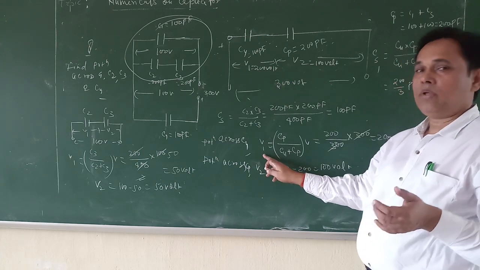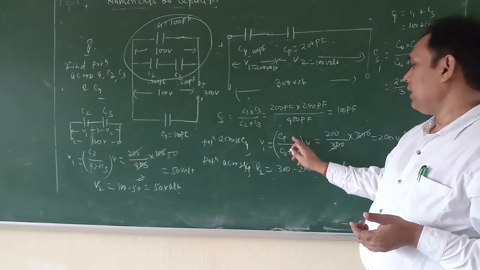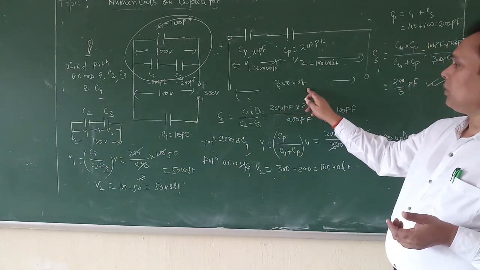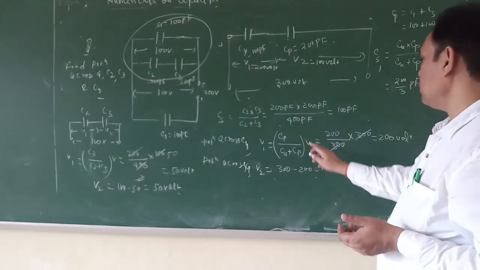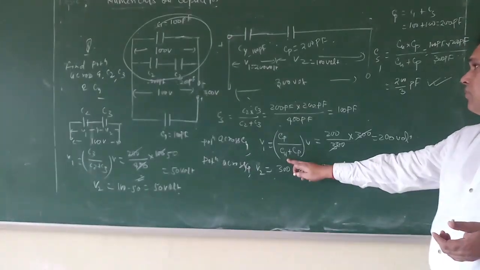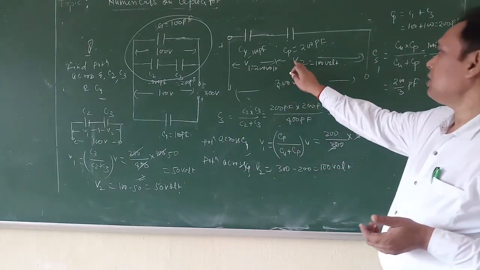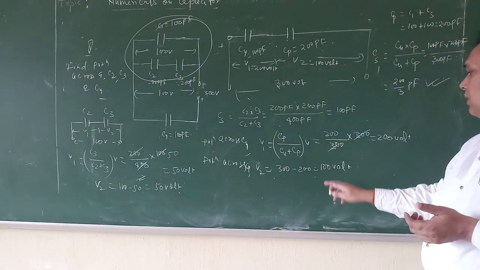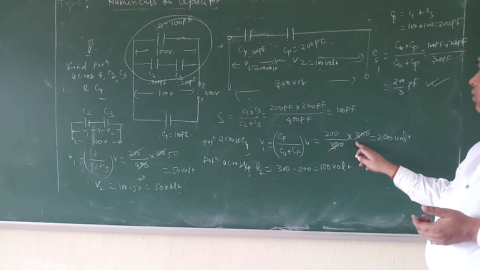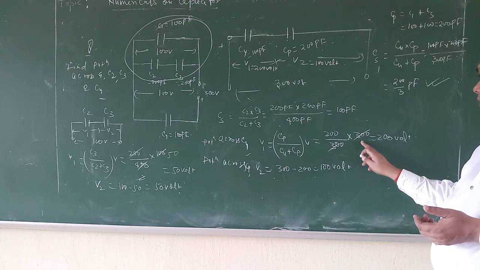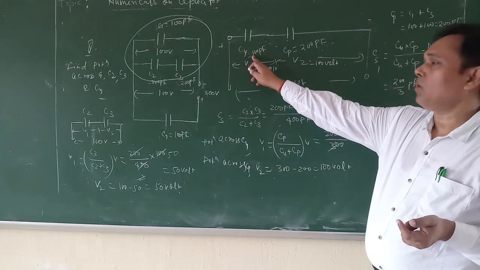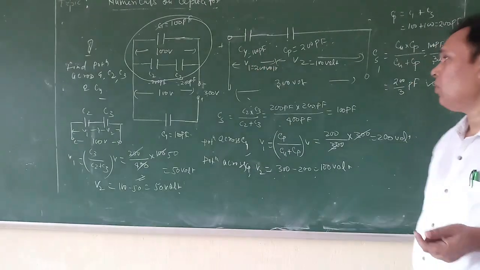Use the formula V1 equal to CP divided by C4 plus CP into total potential V. C4 is 100 and CP is 200, so this is 200 by 300 into total potential 300. So you are getting 200 volt. The potential across C4 is 200 volt.